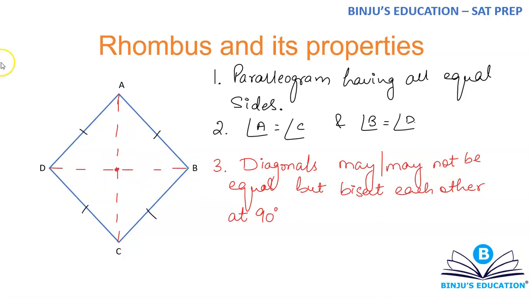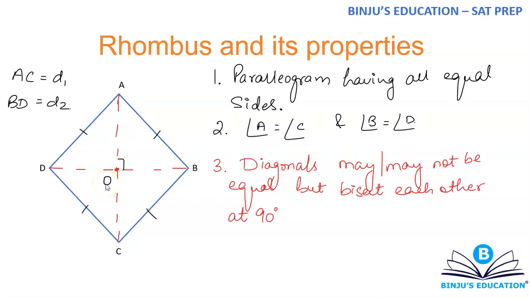So let's do one thing. Let's say that AC is equal to D1 and BD is equal to D2. So first of all, they will meet at 90. This is 90.